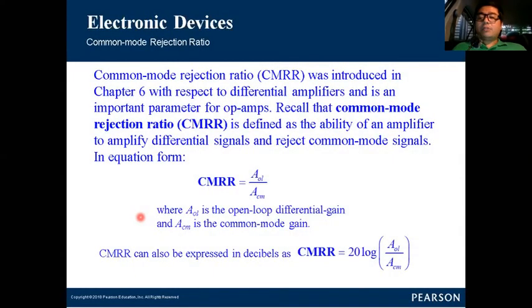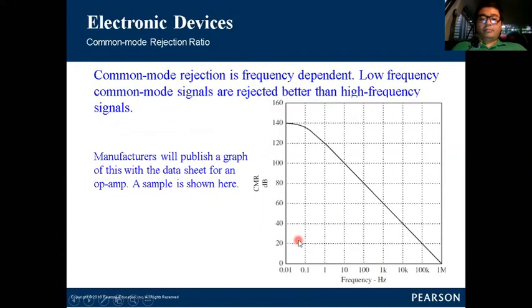In decibels, we can express CMRR using this equation. So we have CMRR equals 20 times the logarithm of A sub OL divided by A sub CM. Ang CMRR ay nakadepende sa ating frequency.